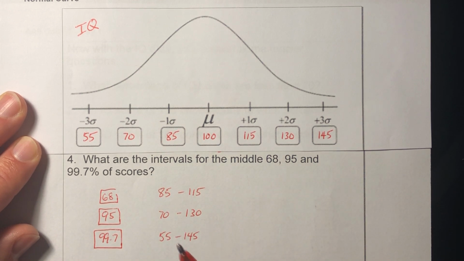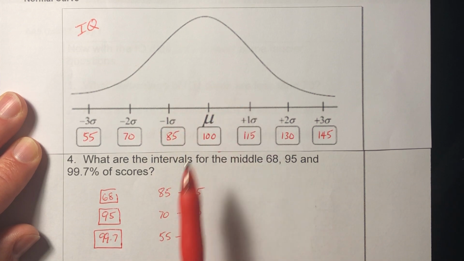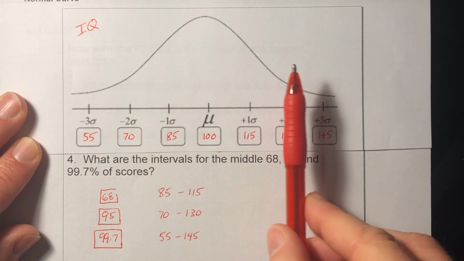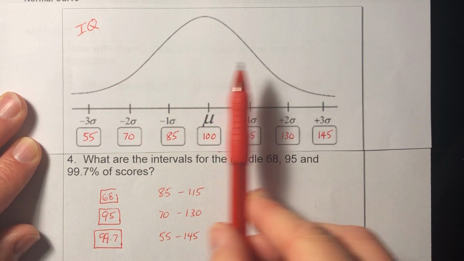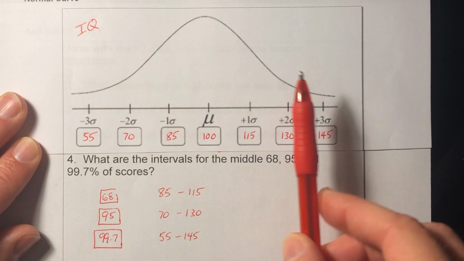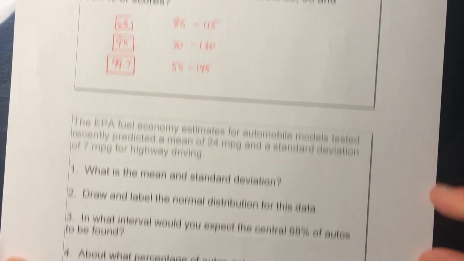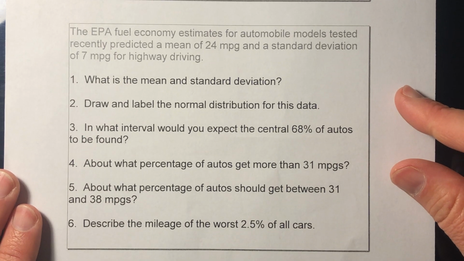So again, the middle 68 is plus or minus 1 standard deviation. The middle 95% is plus or minus 2 standard deviations. And the 99.7 is plus or minus 3 standard deviations. Okay? All right, we have one last example to look at here.